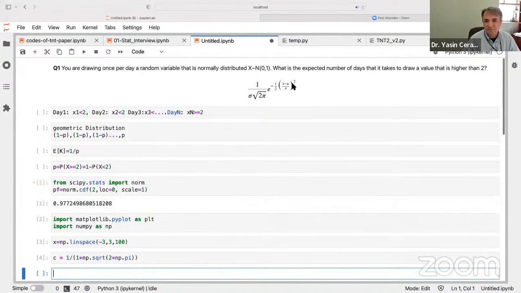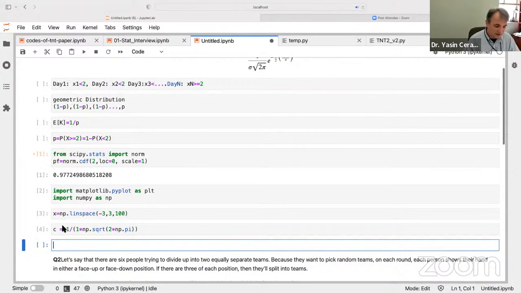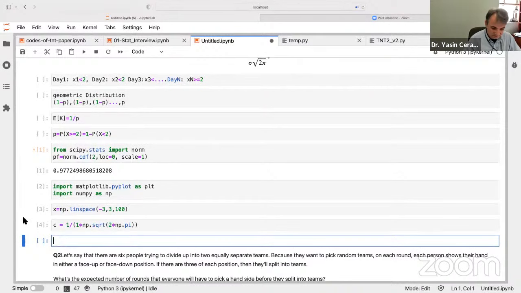Next, I'm going to write this exponential term. Again, mu is 0, sigma is 1, so basically I don't need to worry about mu or sigma. I will only worry about x. x is this number line here. So my PDF is this constant times the numpy exponential term.